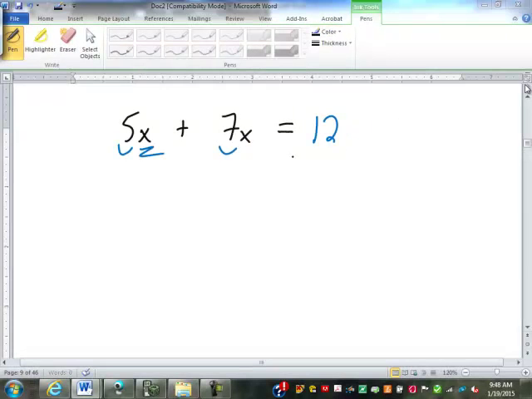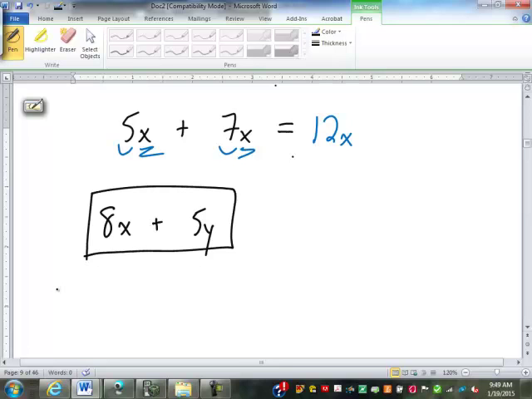So it's just 12x. What if we have 8x plus 5y? What do we get? We get 8x plus 5y. When we add or subtract, we have to have the same name. We can't add x's to y's.